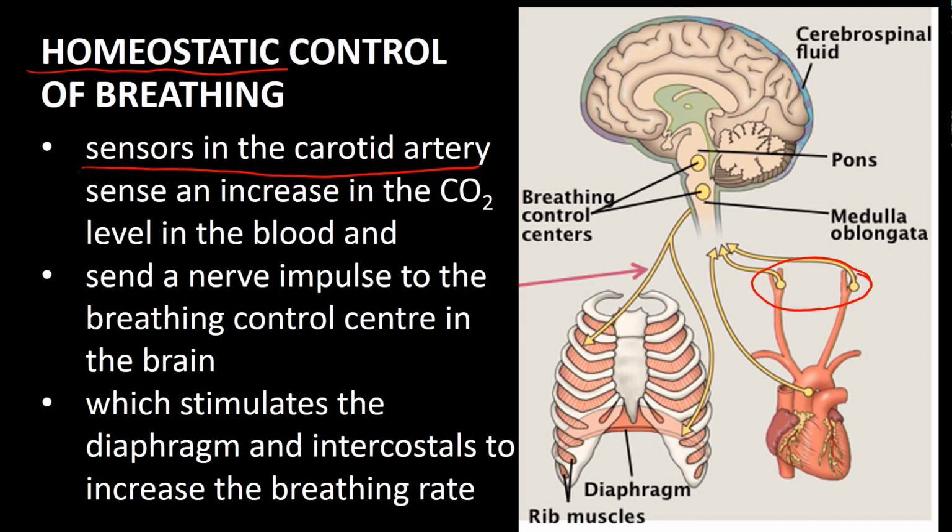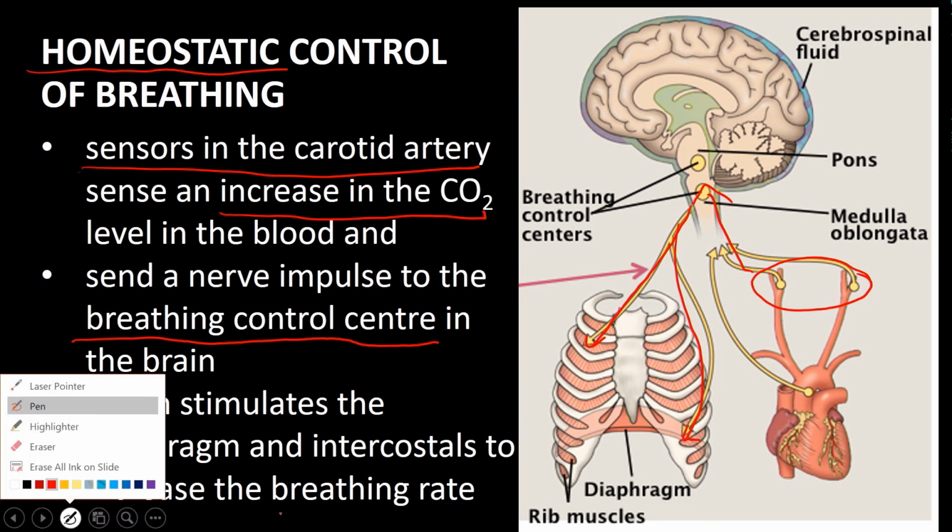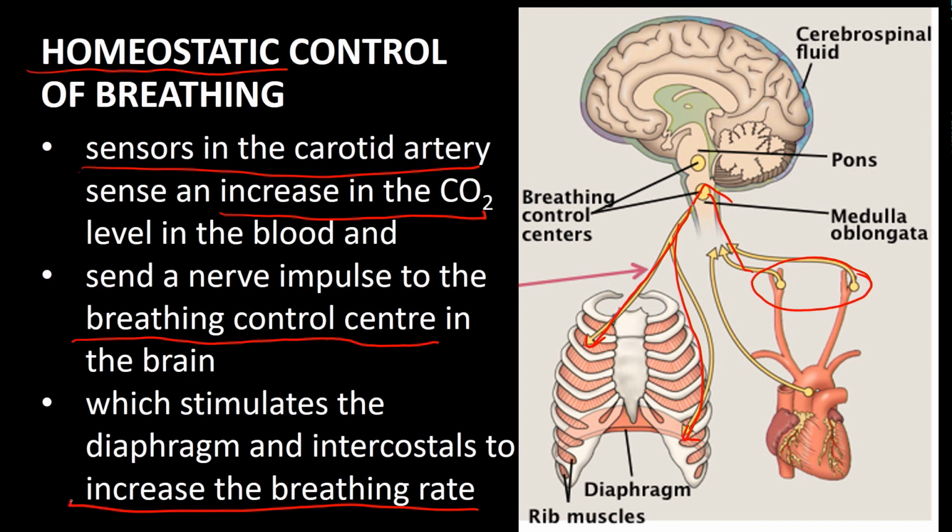These sensors sense an increase in the CO2 level and send a message to the brain, where there's a breathing control center. That part of the brain then sends a message to the rib cage and to the diaphragm to increase the breathing rate. So that is why you breathe faster when you are doing exercise.